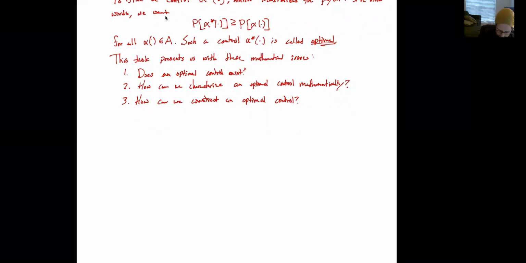The next two are talking about actually writing down and defining an optimal control problem, and subsequently talking about its characterization and its construction. So making sure that we're designing our optimal control problem in such a way that it will lead to a valid solution. All right, and that's all I have for you this talk.